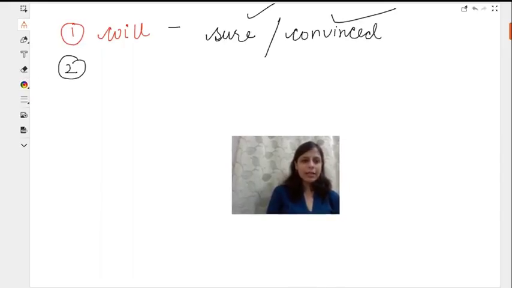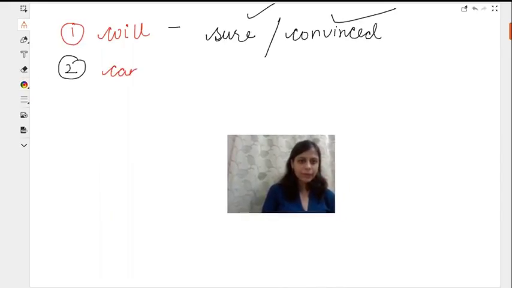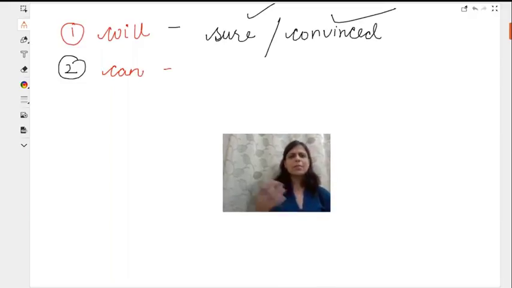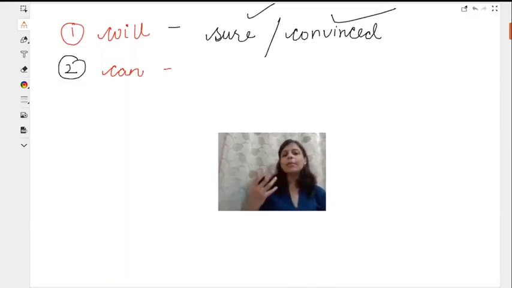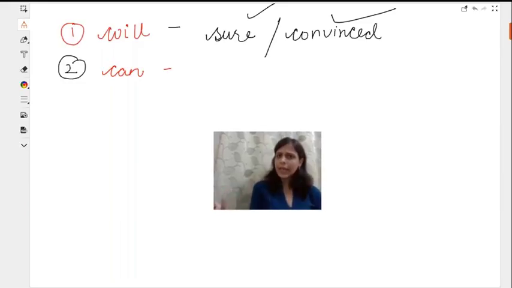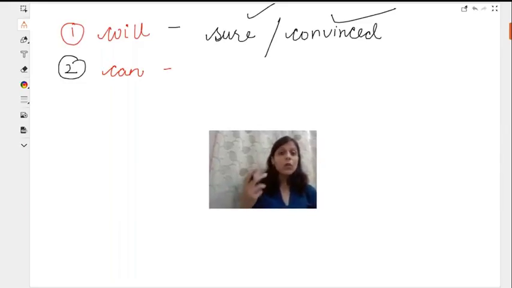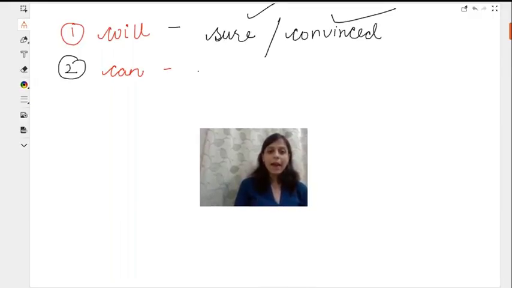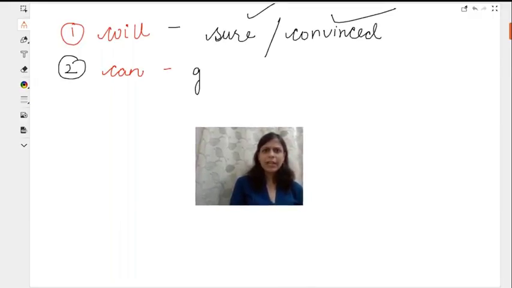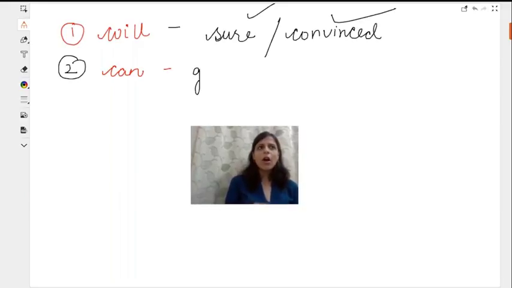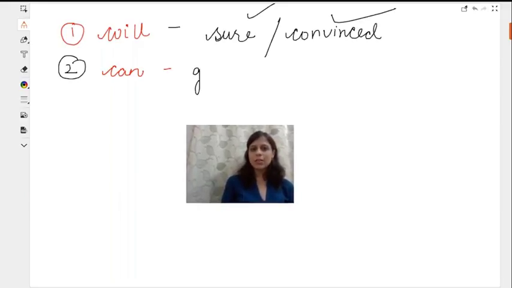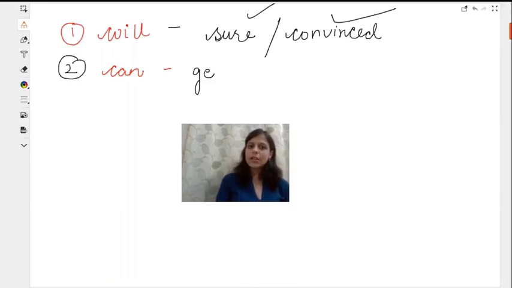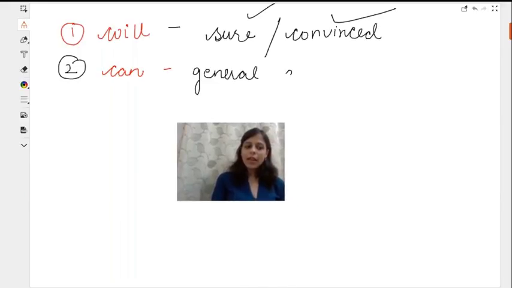Second modal, let's say I have can. Most of us make a statement, I'll do this. But sometimes we also state, I can do this, right? So when do I use the modal can? When I have this, I can do this. I can, score 100 out of 100, as far as modals are concerned. So you have this general ability.